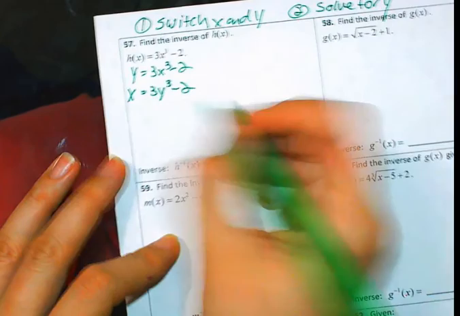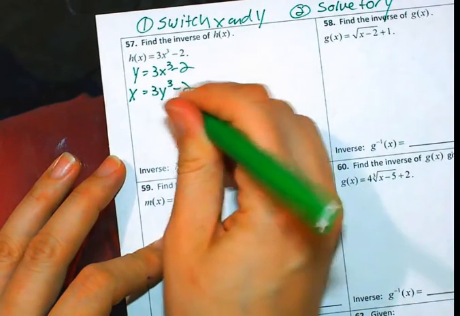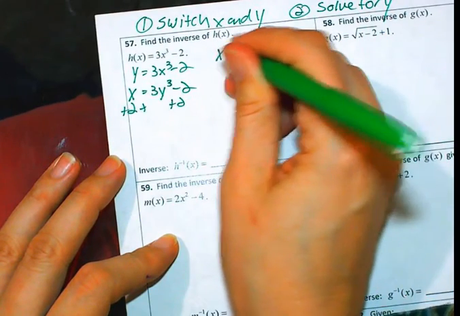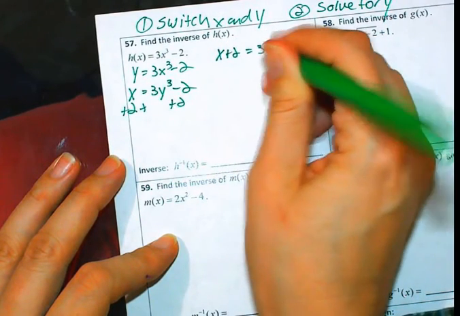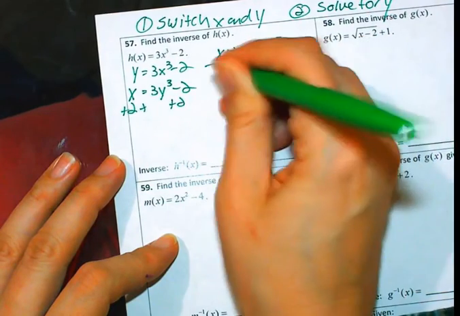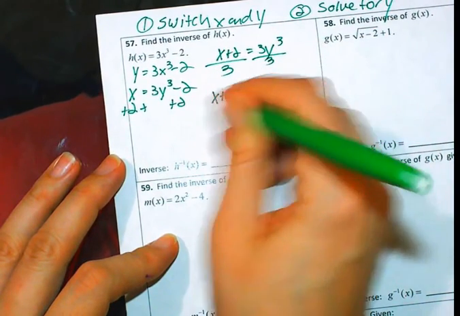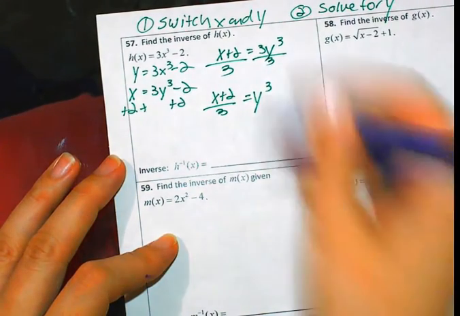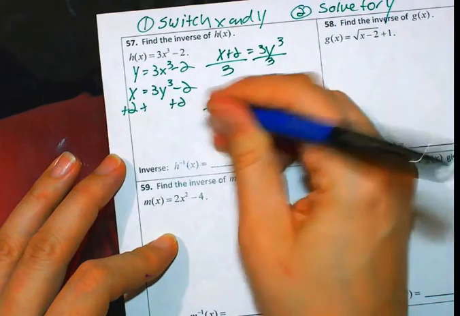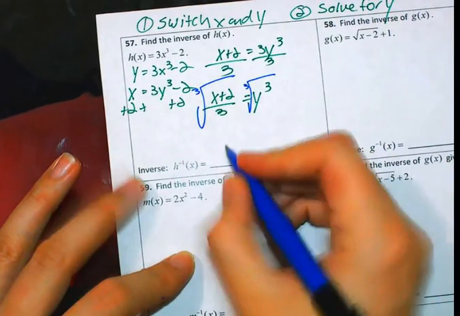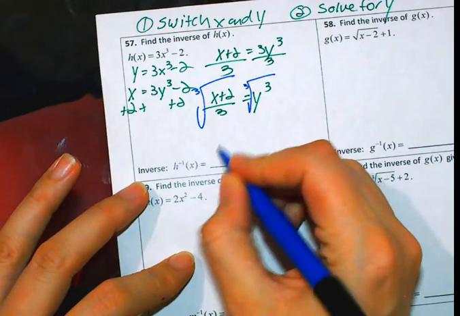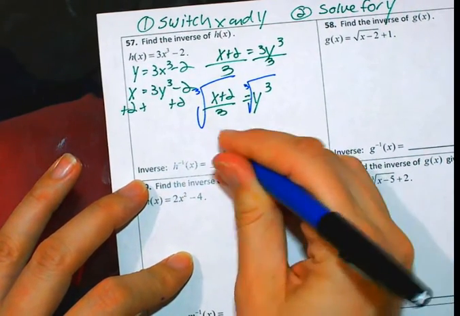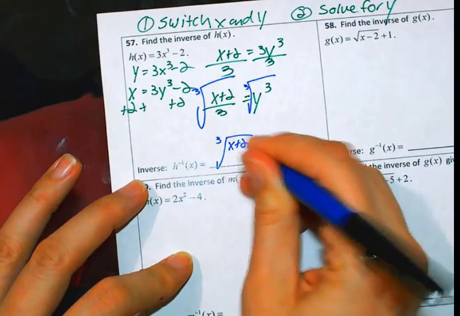So now we're going to just solve. So plus 2. So I have x plus 2 equals 3y cubed, divided by 3. X plus 2 over 3 equals y cubed. If you want to get rid of the y cubed, you're going to take the cube root of both sides. So that gives me h inverse of x is the cube root of x plus 2 over 3.